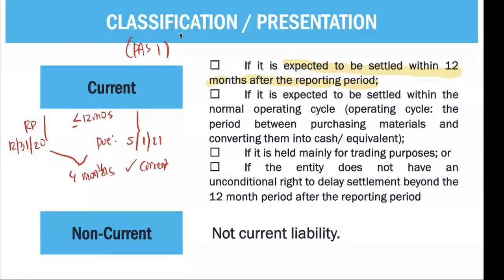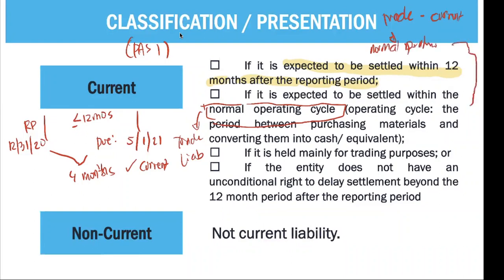It is considered current if it arises from your normal operating cycle, or what we say as a trade liability. As long as that liability is considered trade, it is current, because it is from normal operations. Once you see a liability considered as trade, it is considered current.